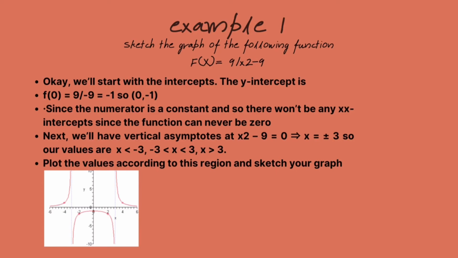Next, we'll have vertical asymptotes. At x² - 9 = 0, x equals plus or minus 3, so our regions are x less than -3, -3 less than x less than 3, and x greater than 3. Plot the values according to these regions and sketch your graph.